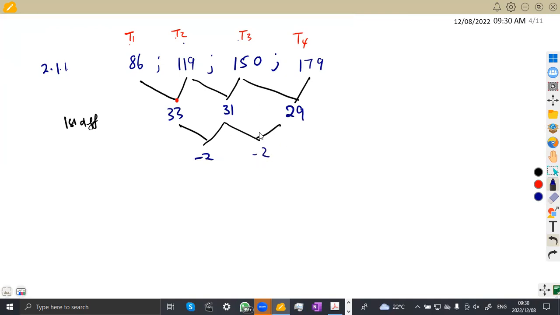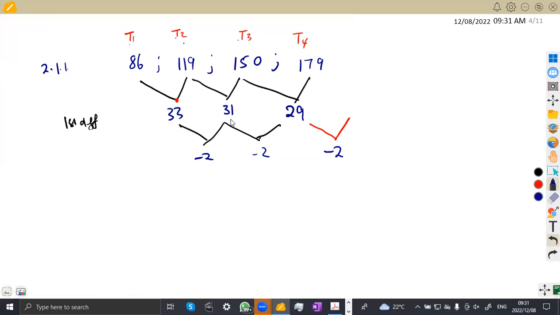Remember, we are supposed to find the next two terms. So you're going to take advantage of the fact that the second difference is the same throughout. So we are going to have another second difference of negative 2 here.